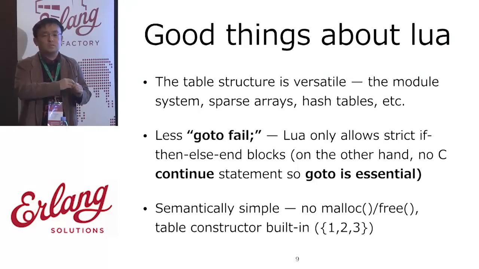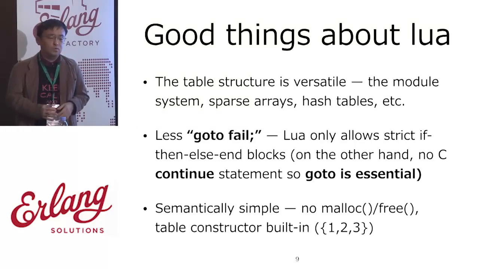So you can treat tables like something like an object-oriented or, better say, hierarchical naming system of a module. So the Lua module system is implemented just on the table, and it can also be handled as sparse arrays.